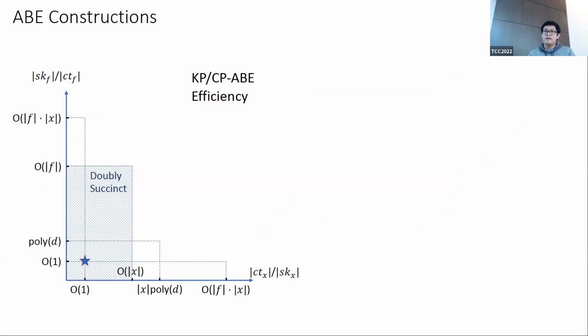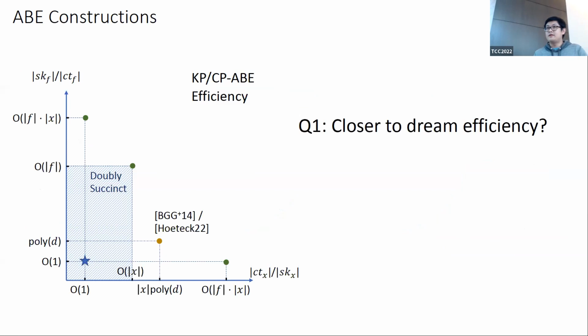Now I'll plot the known efficiency of the known constructions in this graph. The state-of-art lattice schemes have size poly in D and X times poly in D. The pairing-based constructions achieve different trade-offs, but their product is at least X times F. Given this current state of affairs, we ask if we can move closer to the dream efficiency, which lies in the left bottom corner.